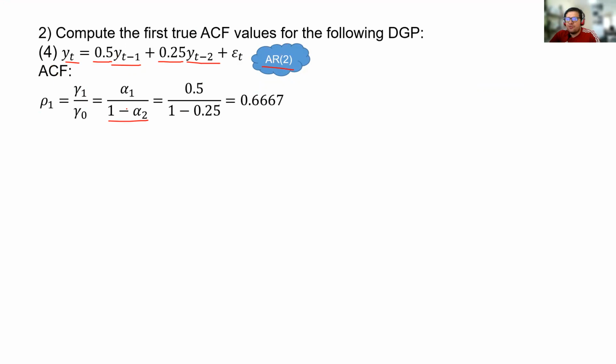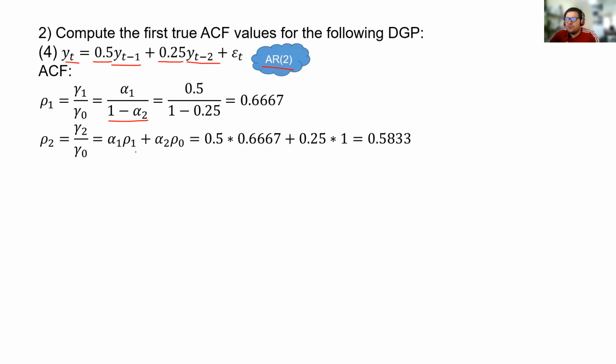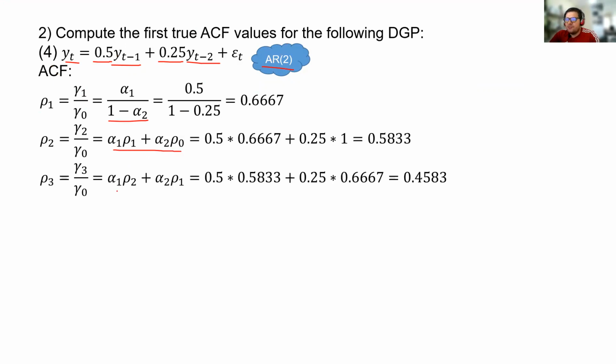Row 1 will be this, row 2 will be this, and row 3 will be this. You're welcome to try that on your own if you want, but the values here will be starting at 0.67, then 0.58, 0.546. So it will also decay from that starting point, but since these values are not close to 1, it will not start super close to 1.